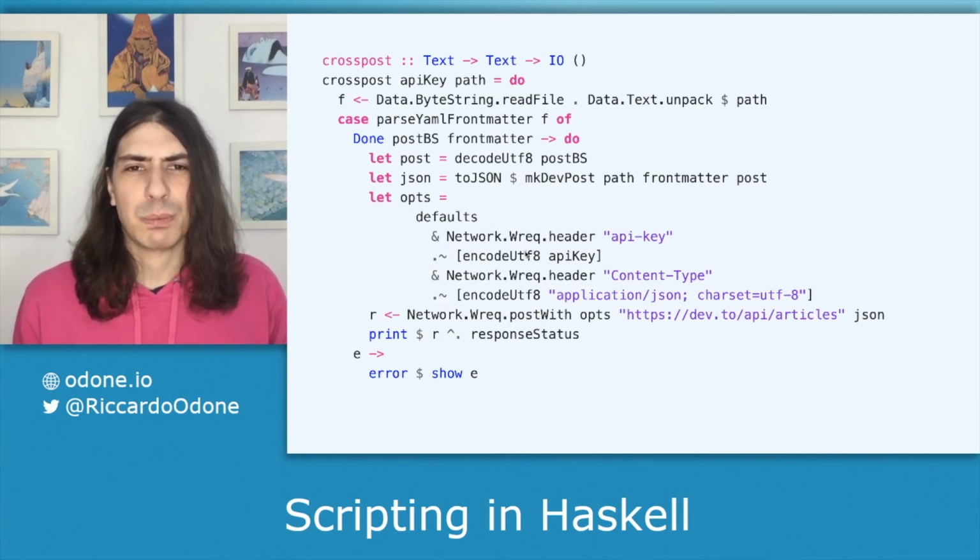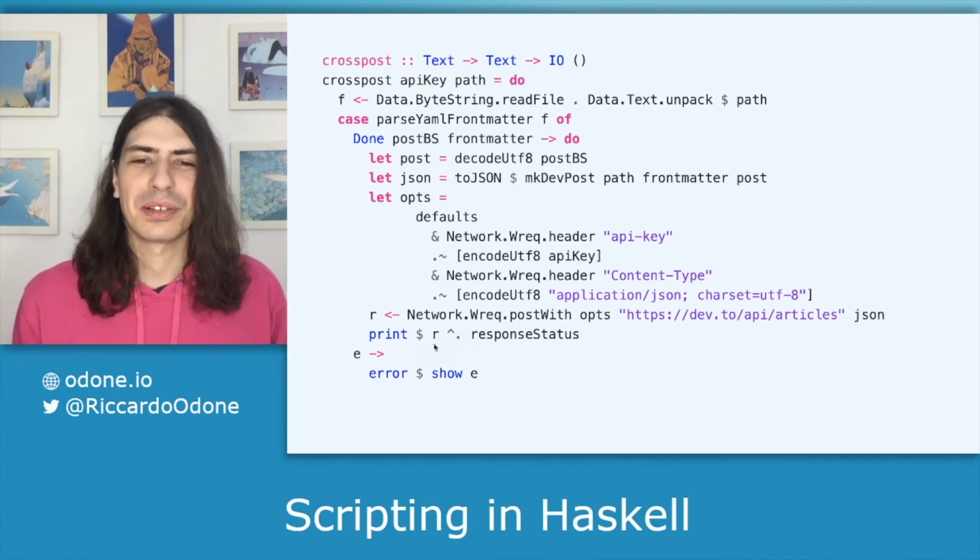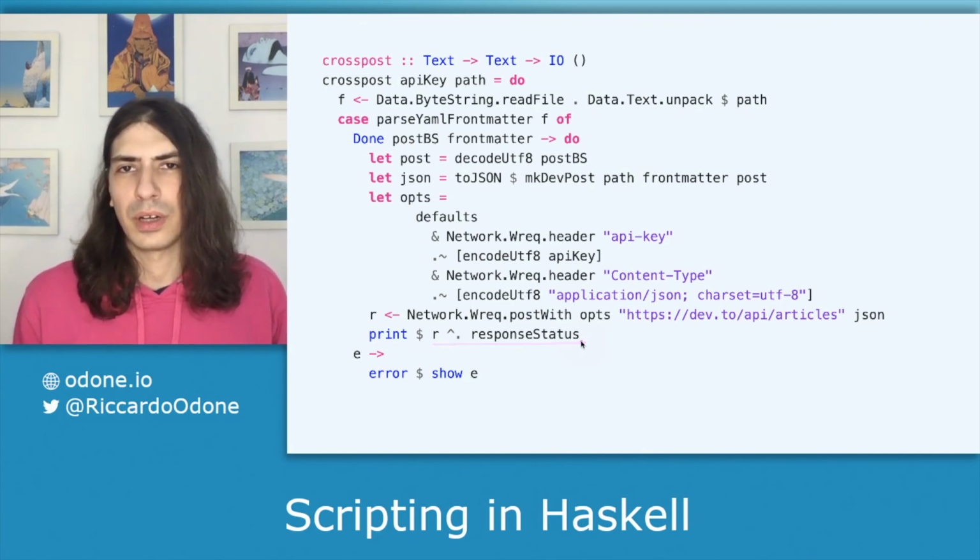The idea is that we just pass the API key in the header, and we also specify the content type in another header. And then we do a post using those options defined here above to this endpoint here, and we pass the JSON. And of course, here we use another lens, but whatever. We just print to the command line what was the response status, just to have a feedback of what happened.